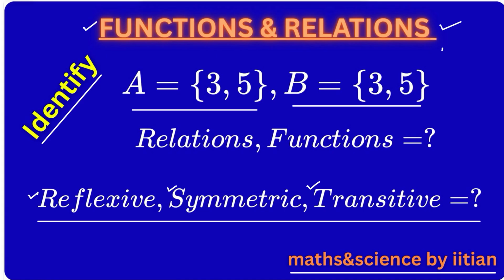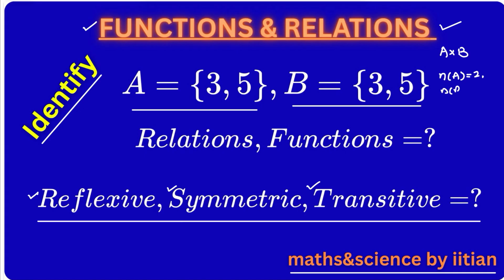Now, we will define the Cartesian product. We will find out the number of elements of A. Here the number of elements of A is equal to 2.